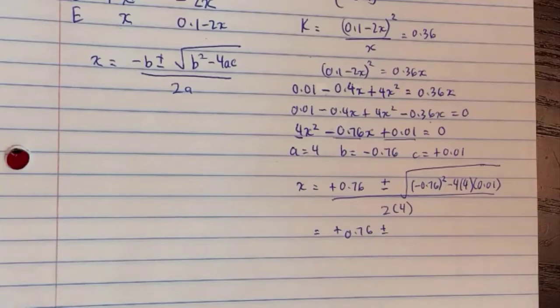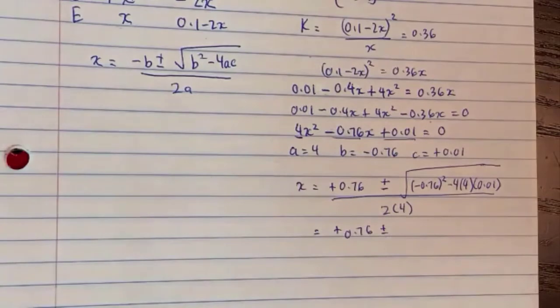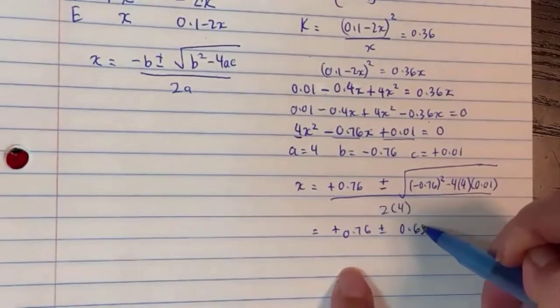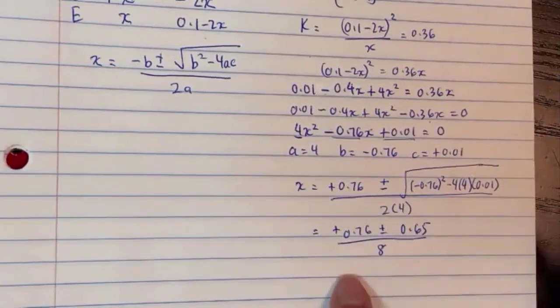You should get around 0.646, blah, blah, blah. So I'm just going to write 0.65 down for you, and then divided by 8.